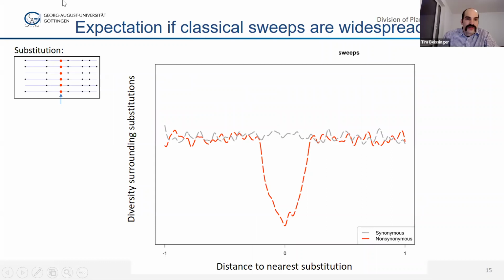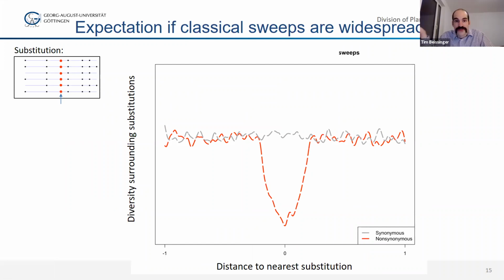So we can look at the pattern of genetic diversity across the genome to determine whether or not that classical selective sweep scenario that I just drew was the driving force of evolution. And the way we do that is we use substitutions, and we look at levels of diversity surrounding synonymous and non-synonymous substitutions.